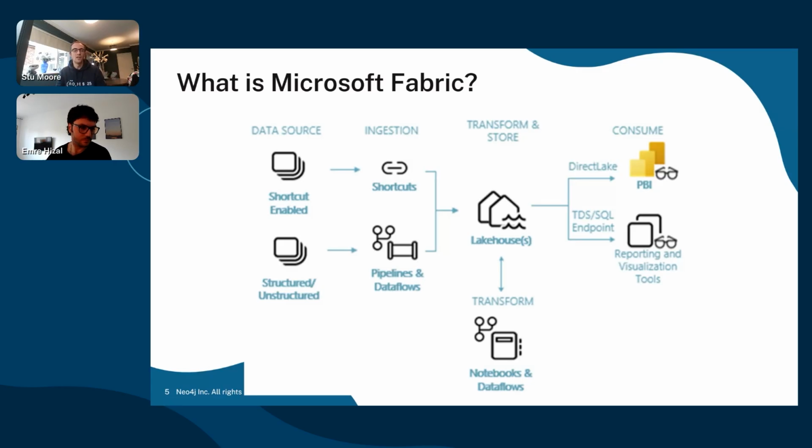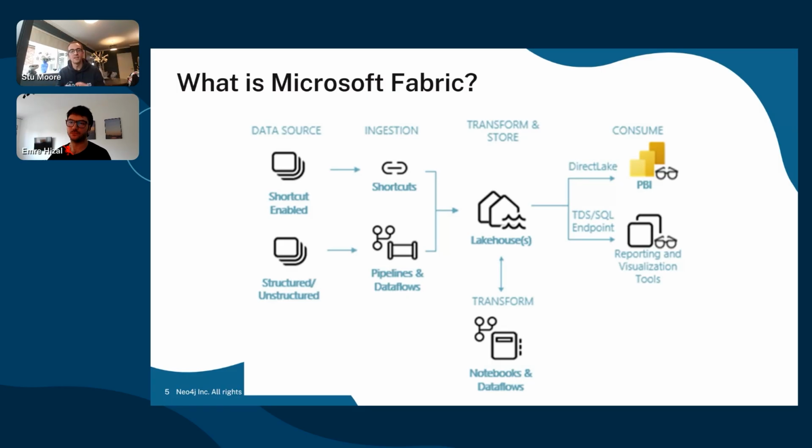And that is ingested into the platform via shortcuts. So within a lakehouse, you have shortcuts to other lakehouses or data sources. And data engineers can build pipelines and data flows. And then that data can be transformed and used in lakehouses and then consumed by Power BI, notebooks, and such like.